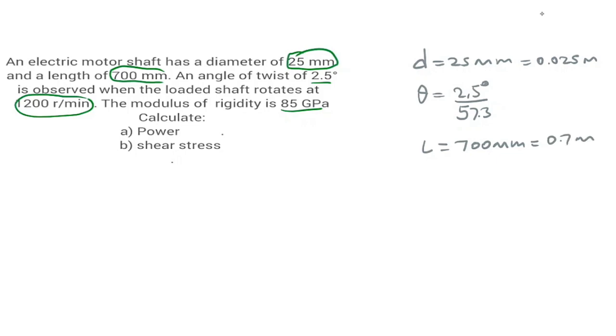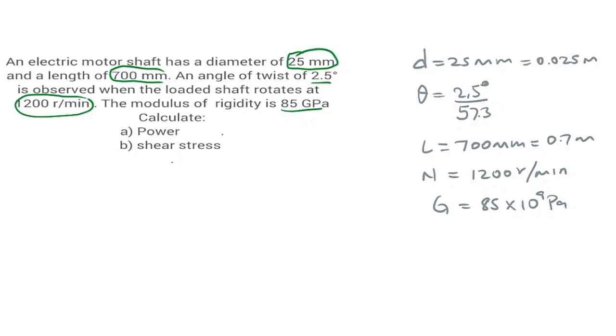Then we've got the rotational speed, which is 1200 rotations per minute. Then we've got the modulus of rigidity, it is 85 times 10 to exponent 9 Pascal.